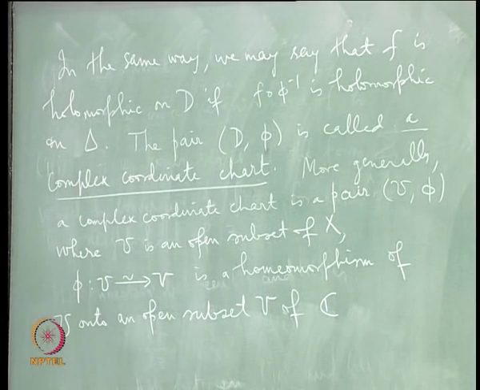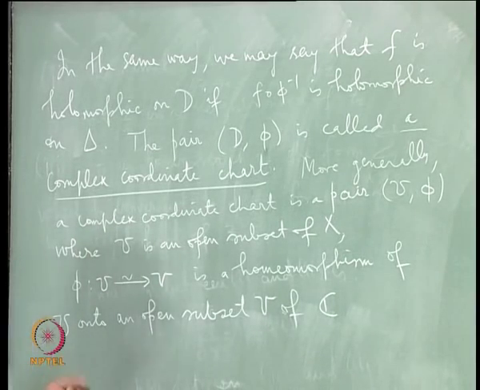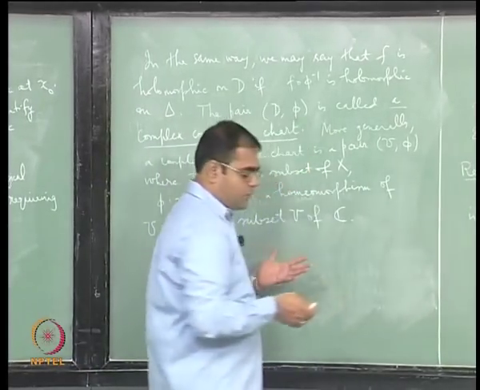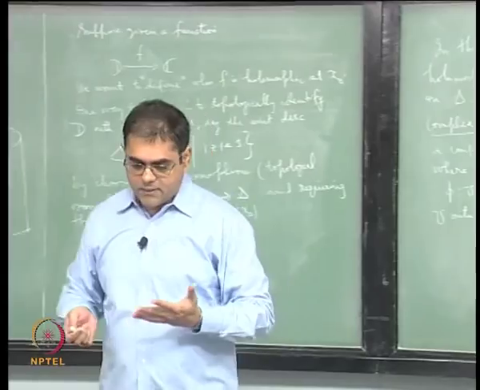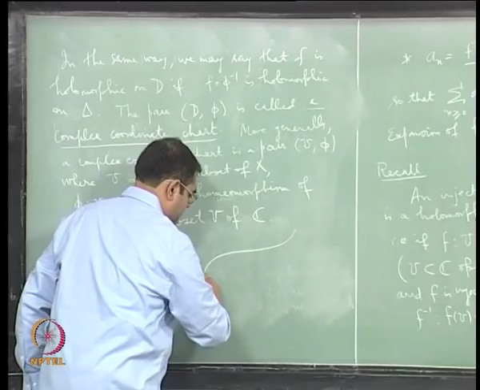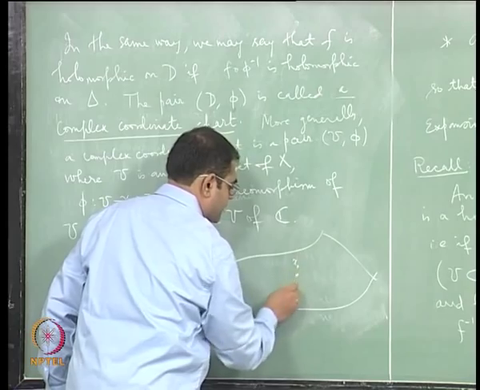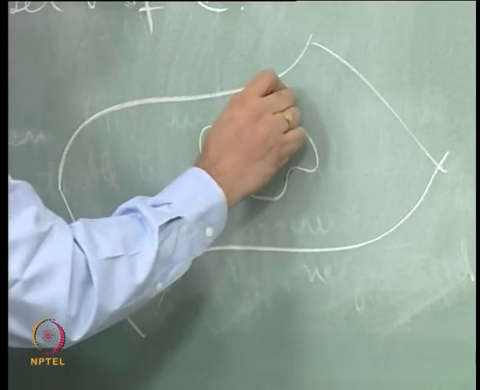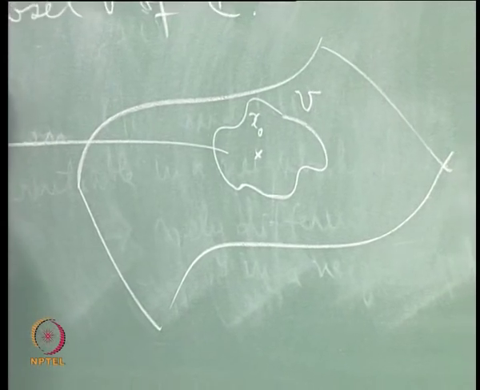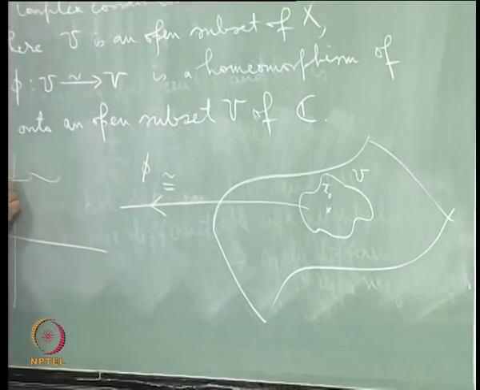So this is what a coordinate chart is. And you can now see that the more general diagram will look like this. I have this point X naught, and then I have some open set U on the surface, and I have an identification of this by a homeomorphism, a topological isomorphism, with a subset of the complex plane.